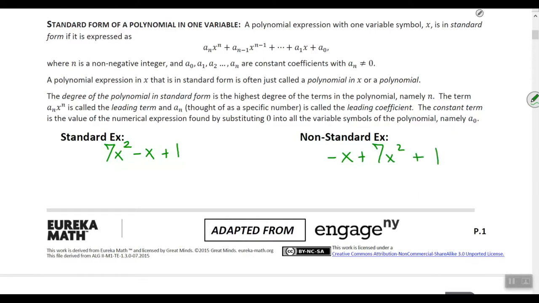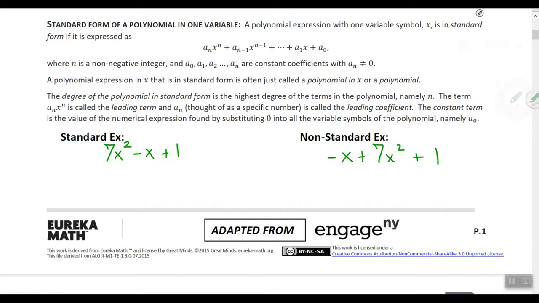Nothing's mathematically wrong with that, but just so that at the end of a problem that you and I have the same answer, and that we can communicate and not have confusion, we've decided on, okay, this is how we're going to write a polynomial in this descending order of the exponents.